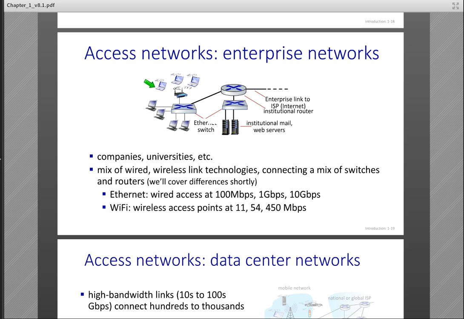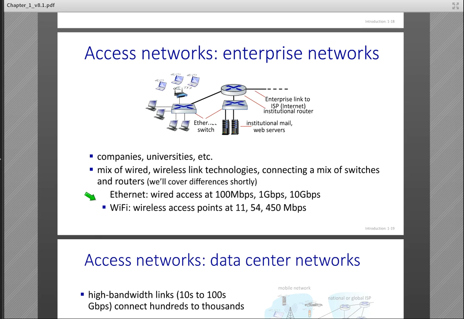But today, mostly when we talk about wired LAN, wired local area networks, the Ethernet technology, the Ethernet standard is common.